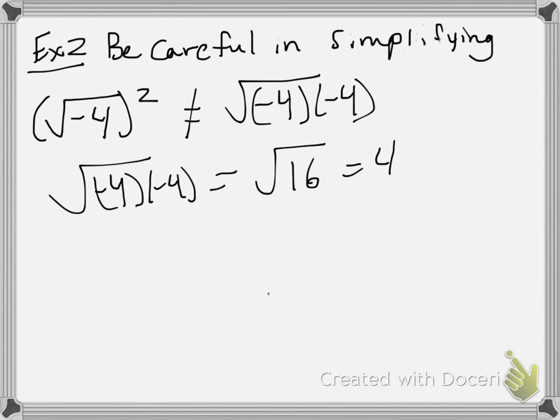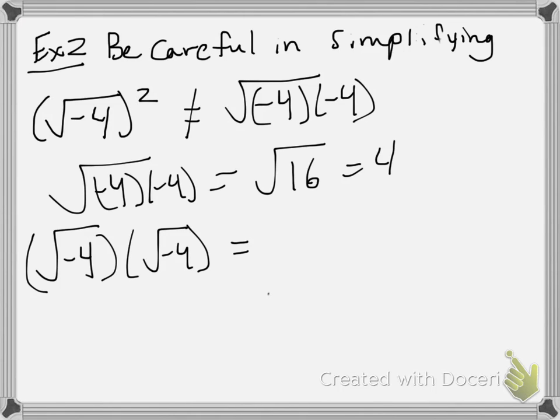However, if we looked at it in terms of i first, with the original question, so the square root of negative 4 times the square root of negative 4, we see here that that is 2i times 2i.